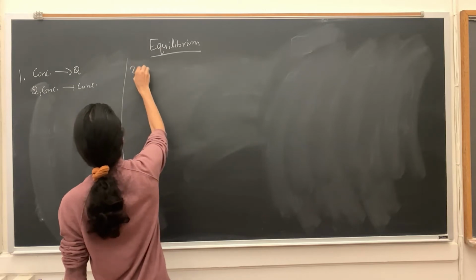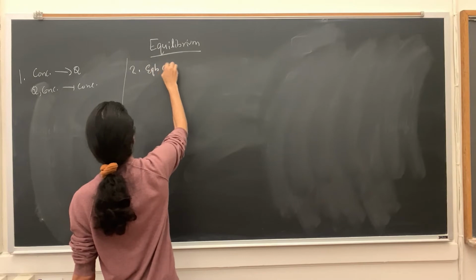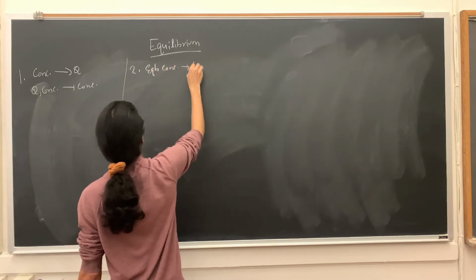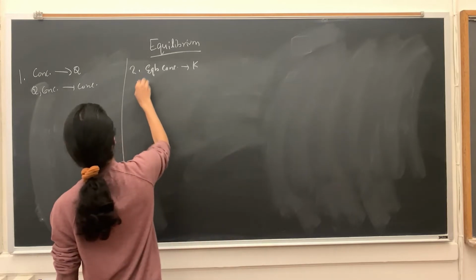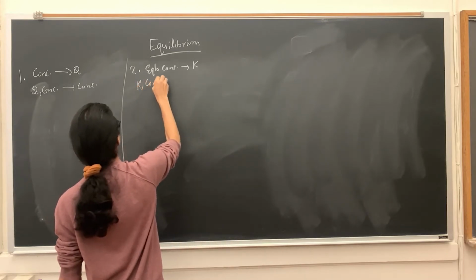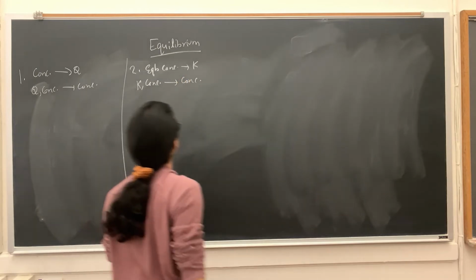Another one is you're given the equilibrium concentrations and you're asked to calculate K, or you're given the K value and some concentrations, but you're missing one of the concentrations.